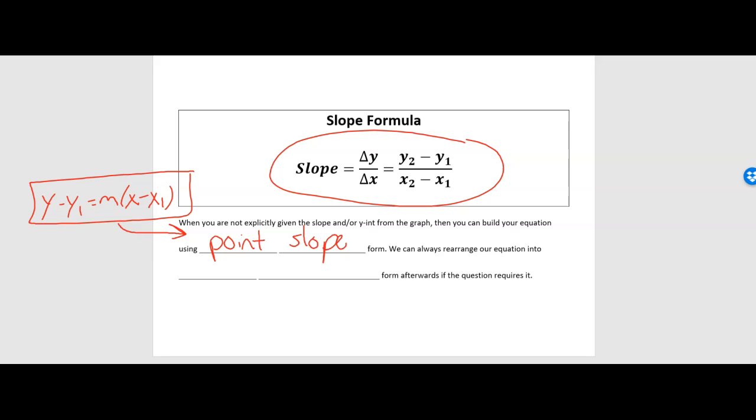And then you can always use one of those points for your x1 and your y1. So it just makes sense that we generally start with point-slope form, and then if we have to, we can convert to slope-intercept form afterwards. But again, that's only if the question requires it. There's no need to do extra converting if we don't have to.